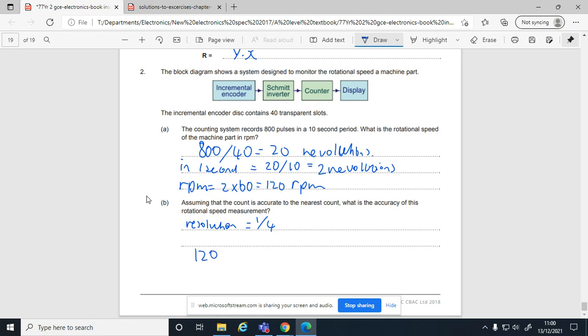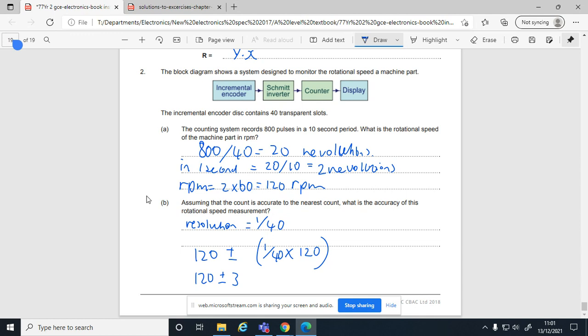It's going to be 120 revolutions plus or minus a 40th of that. If you put that into your calculator, you will find it's plus or minus 3.